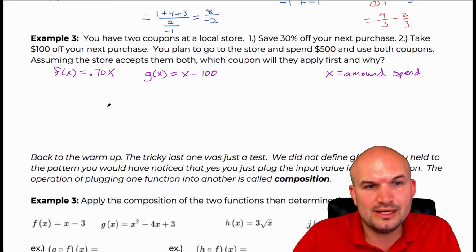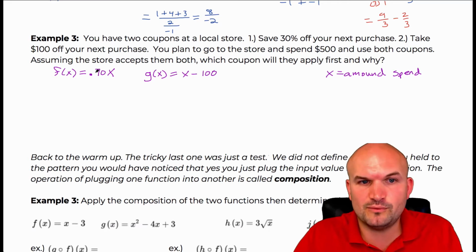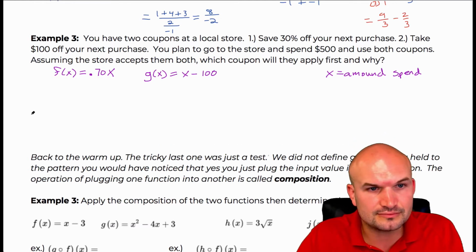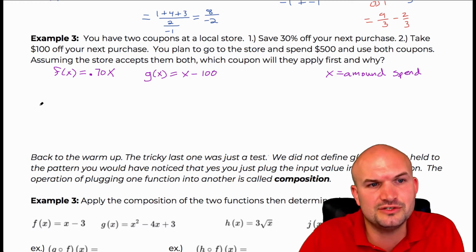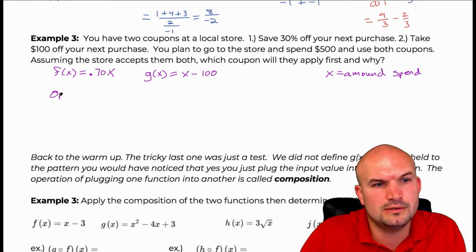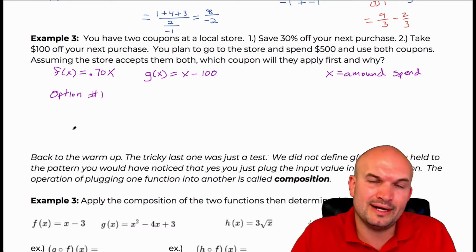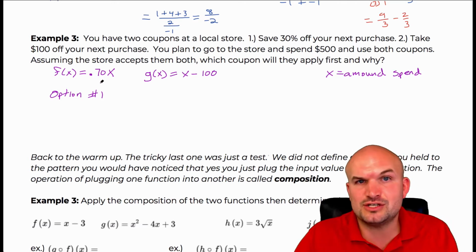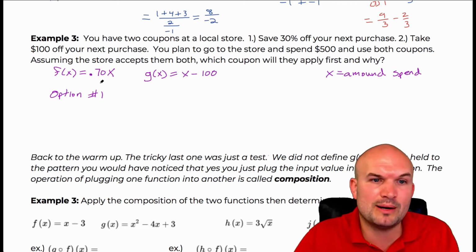So there's a couple different ways that we can represent this. Let's do the first option. Option number one: we are going to subtract 100 and then take 70% of that. How would we represent that as a function?